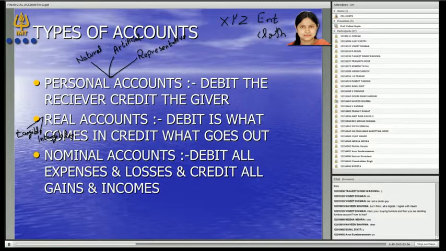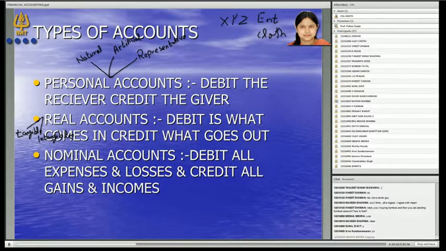Sixth entry. Because it is related to the goods, Megha. It is related to the goods. Goods are your assets.